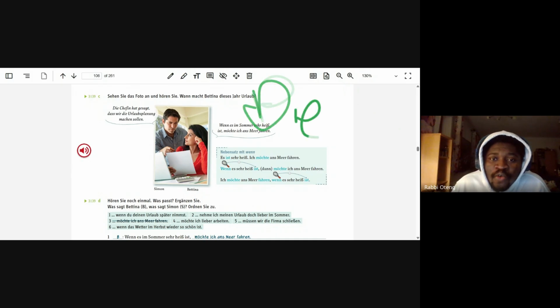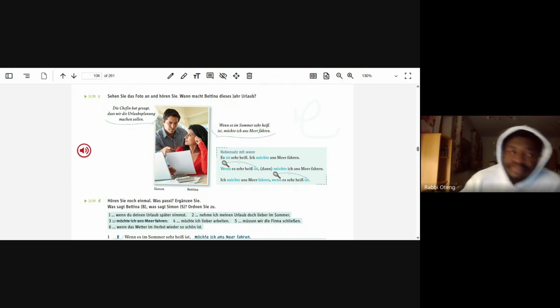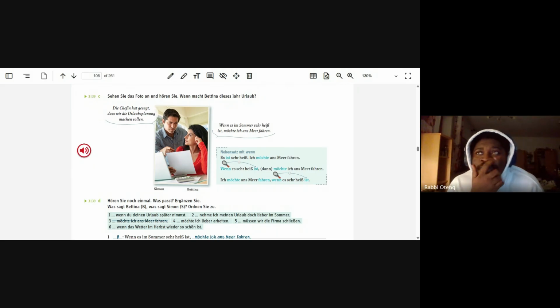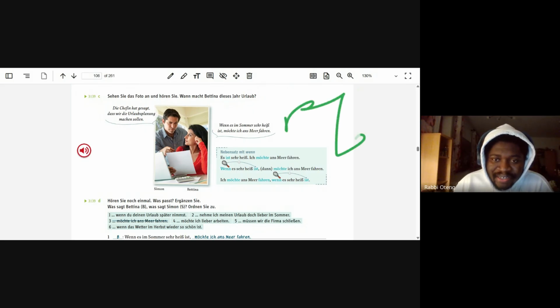Then die Planung is still the plan, but now it's for the activity of planning. The plan is what we have, what we've planned. Planning is to plan.